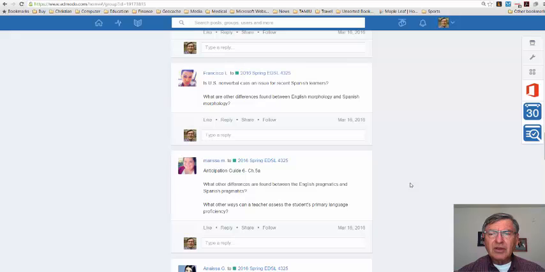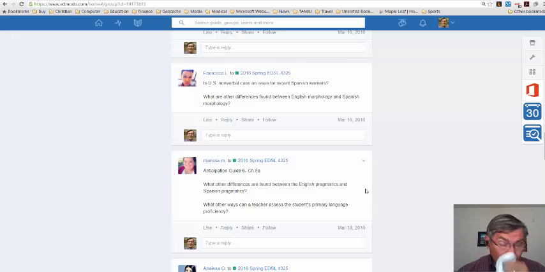Some of you gave me a definition and then one difference. Usually I took off one point if that was the case. I was looking for two differences. If you gave me a very detailed difference, maybe I would count that. It depended, but generally I was expecting two differences.